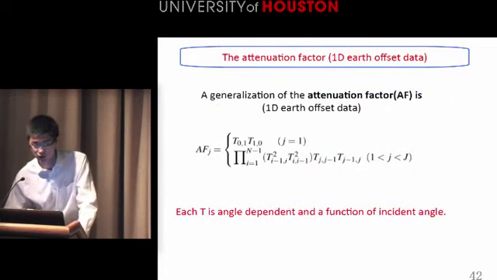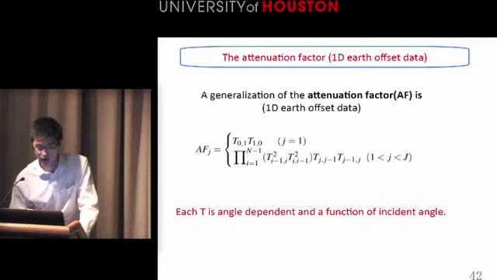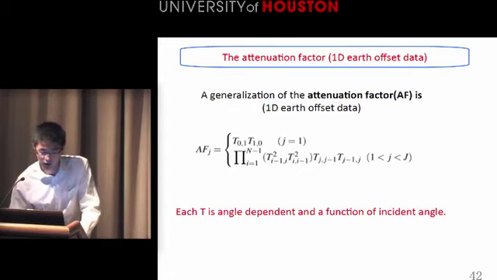I will not show all the math to get the attenuation factor here, but we will show the conclusion we have derived. Here's the attenuation factor for 1D Earth with offset data. It's similar to the attenuation factor in the 1D normal incidence case, but here all the transmission coefficients are angle dependent. They depend on the incident angle of the plane wave.